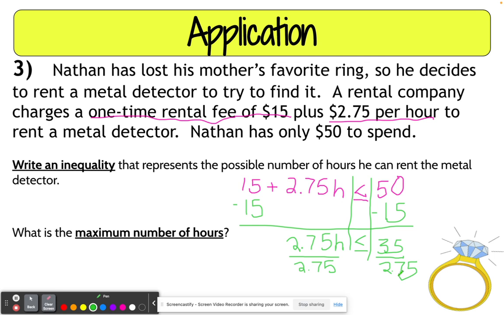If I do 35 divided by 2.75, I get 12.72 repeating. That's a weird number.